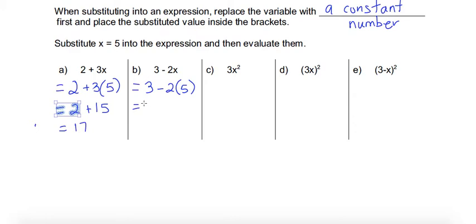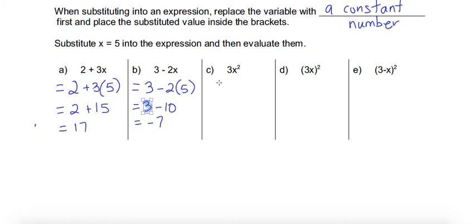Equals 3, we have to do our multiplication first because of BEDMAS, so negative 2 times 5 gives us negative 10. And 3 take away 10 gives us negative 7. You can think about this by using a number line if that's something you're comfortable with, or you can use a calculator, or you can use some mental math, whichever method works for you to get to the correct answer.